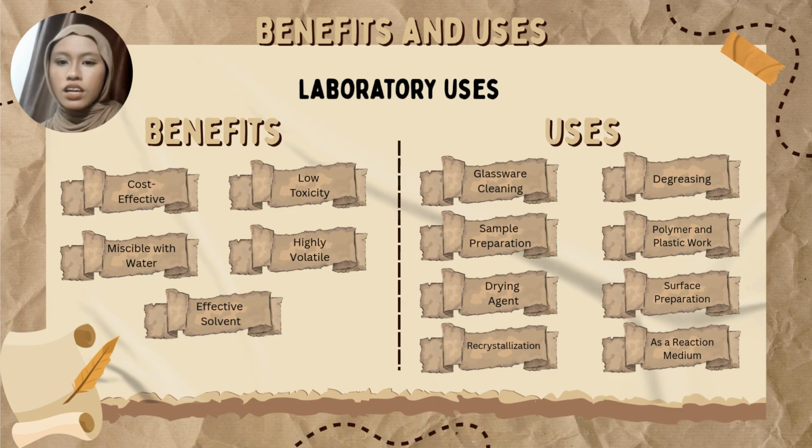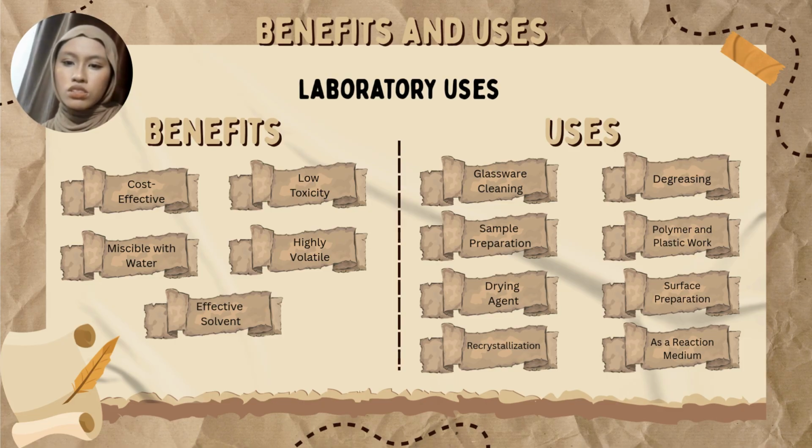recrystallization. Acetone is used as a solvent or anti-solvent in the purification of compounds by recrystallization. Fifth, degreasing agent. Acetone is effective at removing grease or oily substances from equipment. Next, polymer and plastic work.